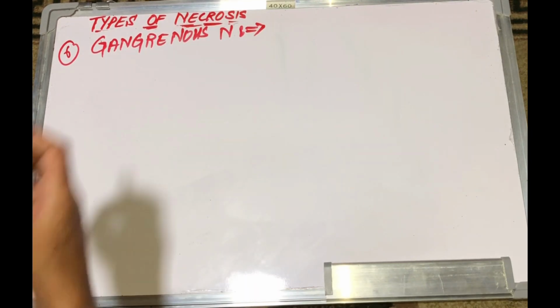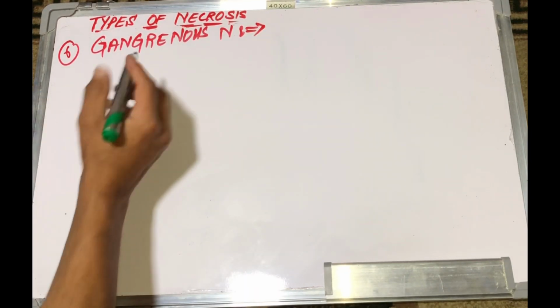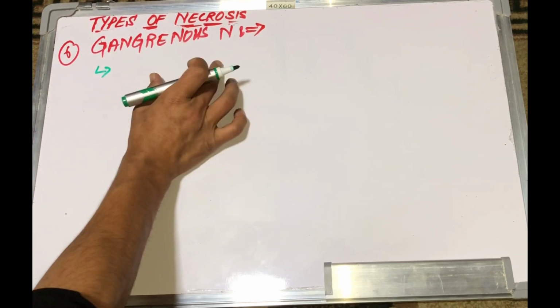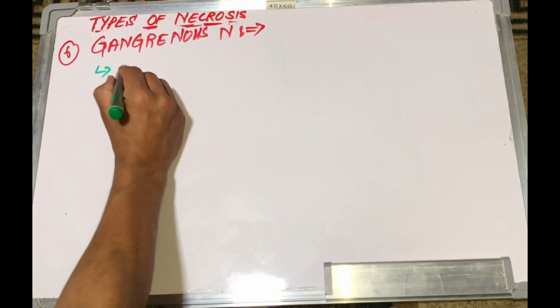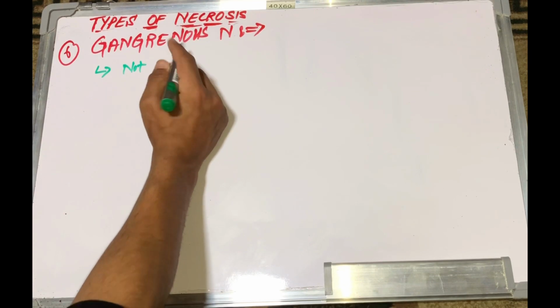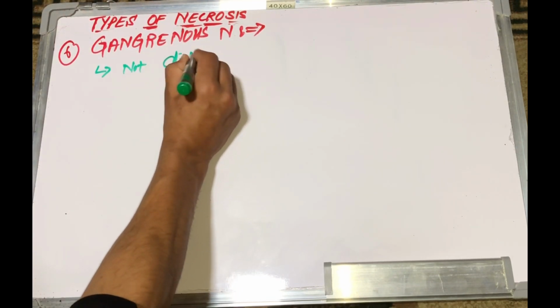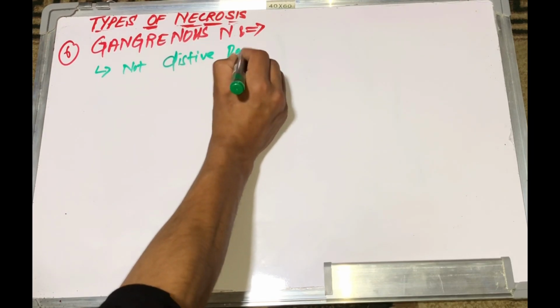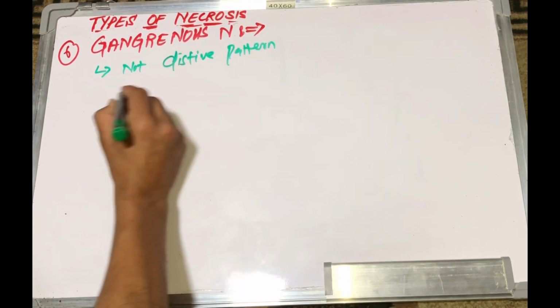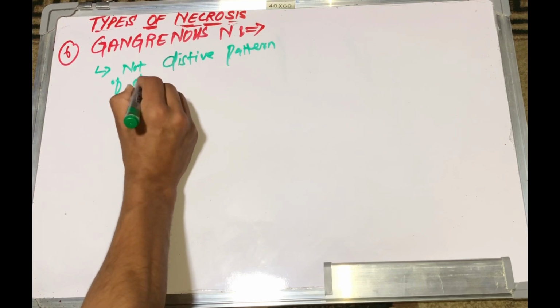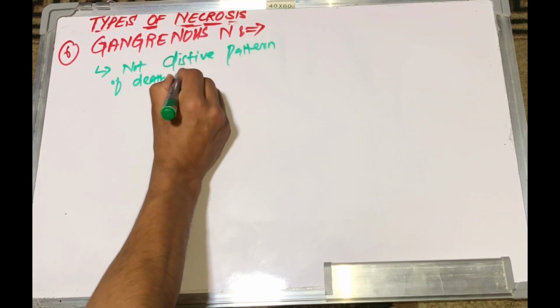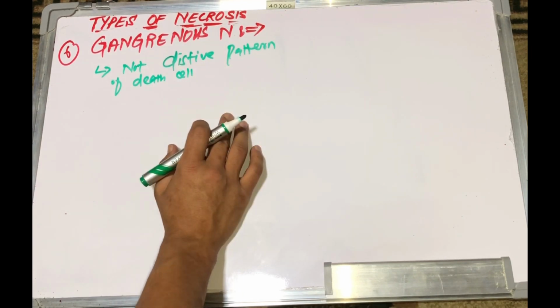Now we will discuss it in detail. Gangrenous necrosis is not a distinctive pattern of dead cells.